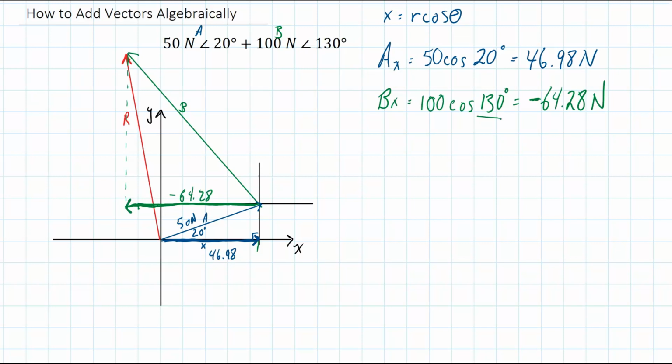Now what happens if I add those two vectors together? They are both parallel, aren't they? One is going to the right and the other is going to the left, and they're parallel. If we add them together, we get the sum of those two, which will end up like this.